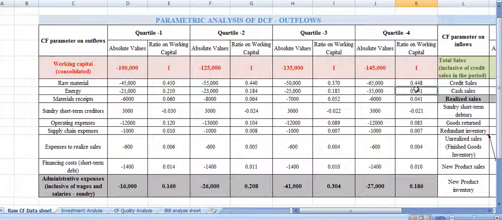The key point of understanding, the riveting point of understanding, is to concentrate and focus on the causal links leading to these kinds of fluctuations and figure out ways to troubleshoot and minimize the spikes or the variations, and try and lower the working capital over a time period or in the time series and between quartiles.